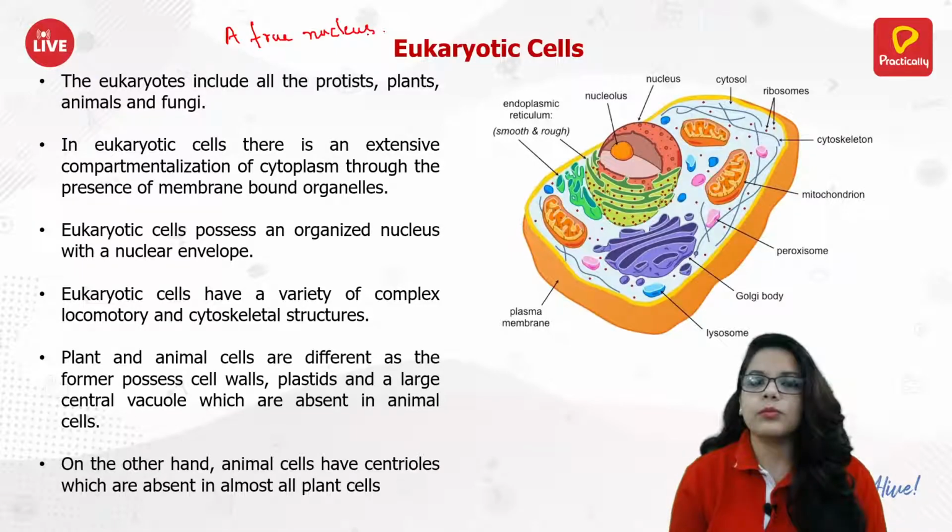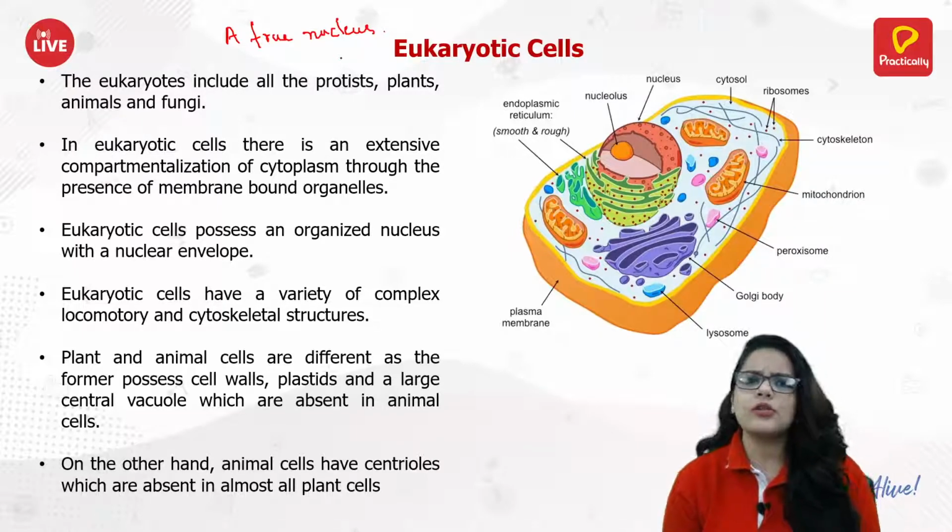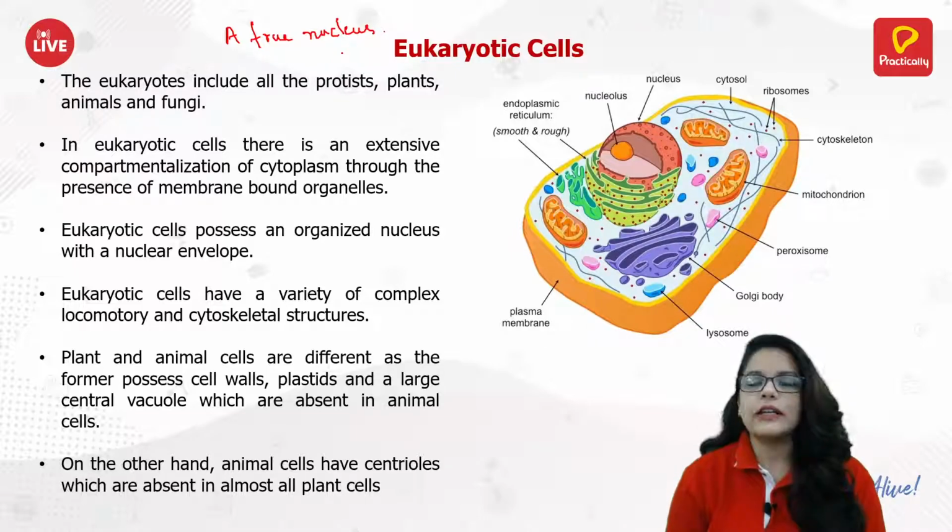That is one of the most important things when it comes to eukaryotic cells, because prokaryotic cells don't usually have a true nucleus. They don't have a proper covering. It's just some kind of genetic material floating in the cytoplasm. When it comes to eukaryotic cells, they have a proper nucleus. They have a covering. There is nucleoplasm. There is a proper nucleolus and everything.